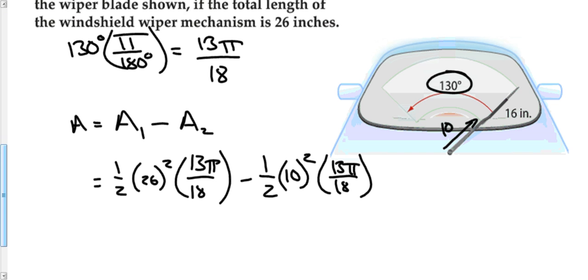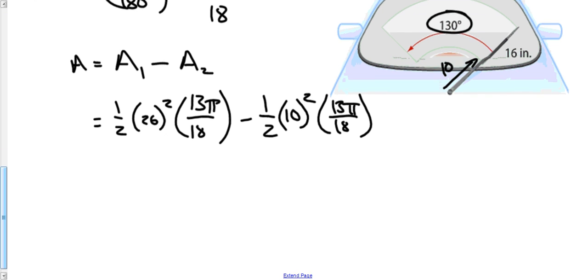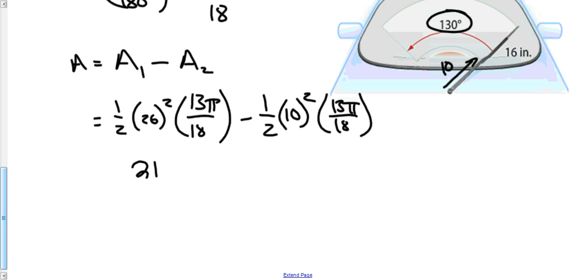If I work both of these out, I should get 2197 pi over 9 minus 325 pi over 9 as well.